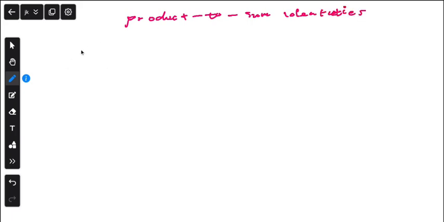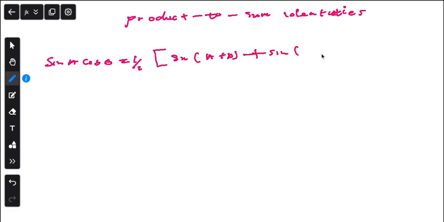So the first one that you need to know is sine. So sine A cos B is equal to half, and then open bracket sine, open bracket A plus B, then close. Then here we're going to have a plus, then sine, open bracket A minus B, then close.